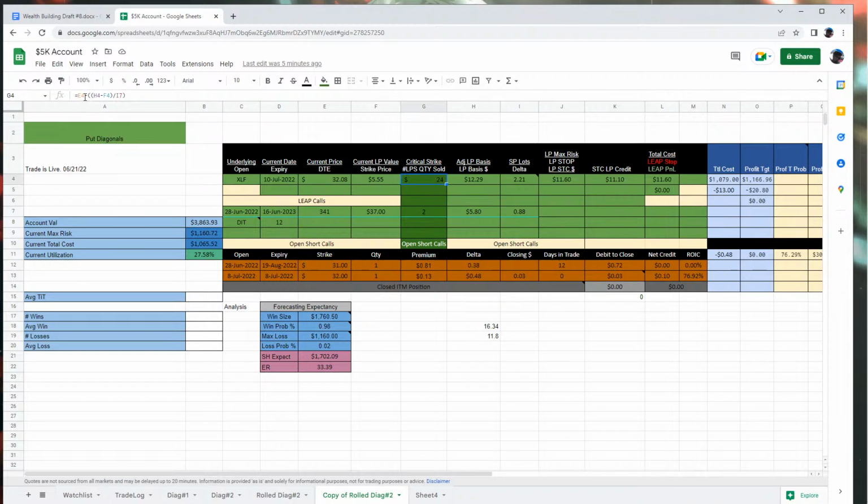The reason for the long pause there: it's not the current stock price minus the adjusted LEAP basis. It's the adjusted LEAP basis minus the long premium value, divided by the long delta, minus the current stock price. So the current stock price isn't being subtracted from the adjusted LEAP basis. It's being subtracted from the entire equation. That was the reason for the hesitation earlier.